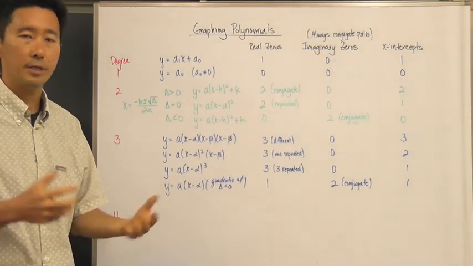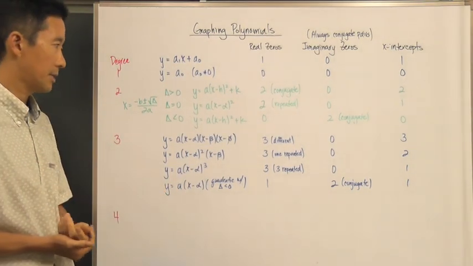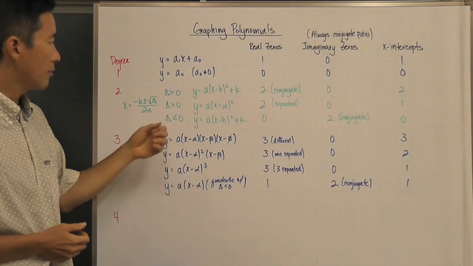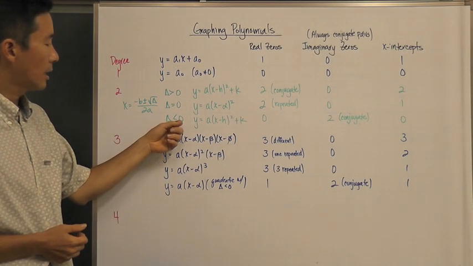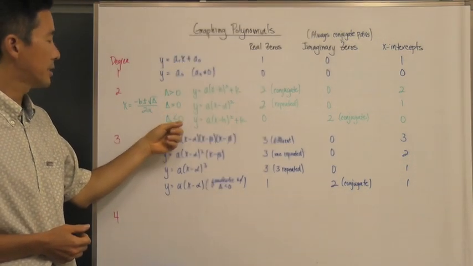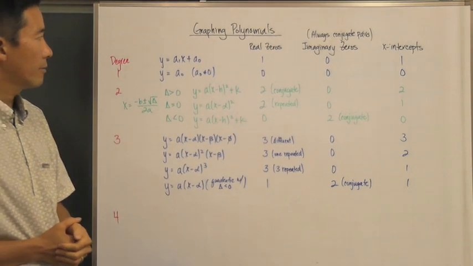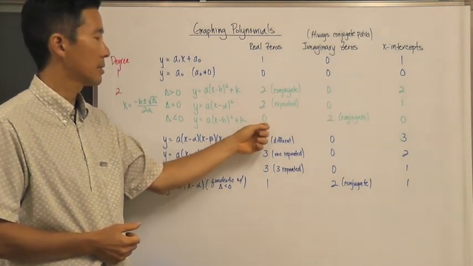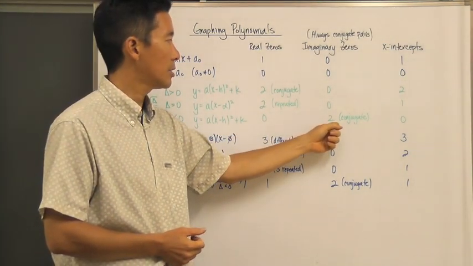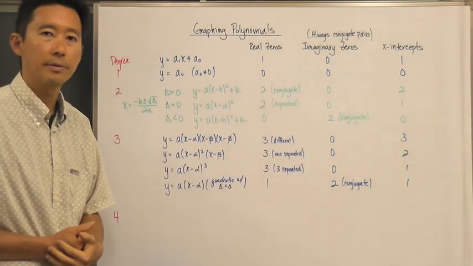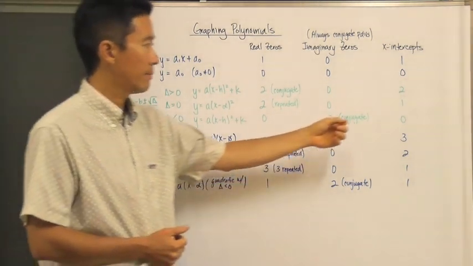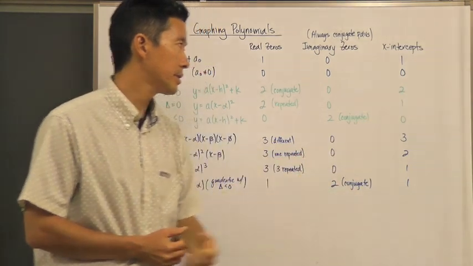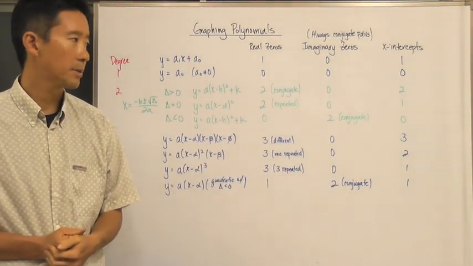And that's when the vertex was tangent to the x-axis. Now, if delta was less than 0, then we have no real zeros, and we have 2 conjugate imaginary zeros. And because they are imaginary zeros, they don't show up as x-intercepts.